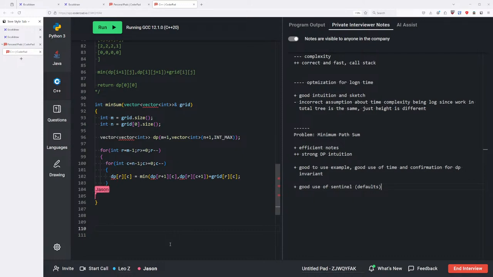Okay. And I think that's about it. And we can return our answer, which is the top left, because we're doing it in reverse.